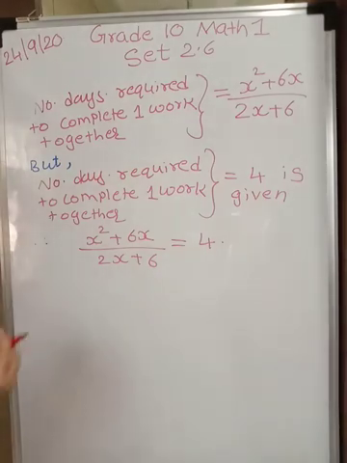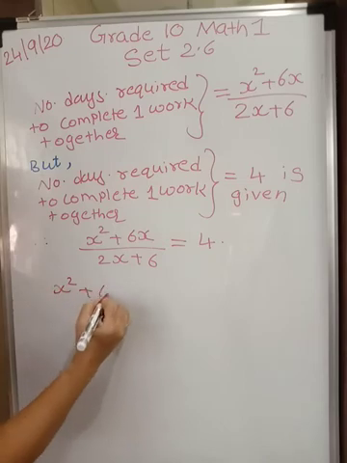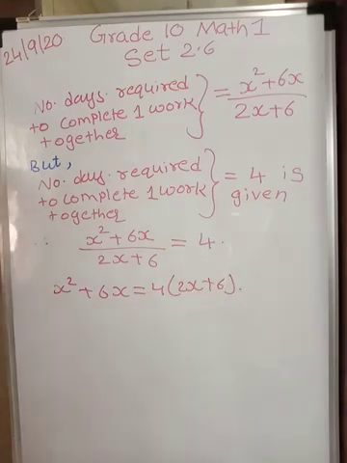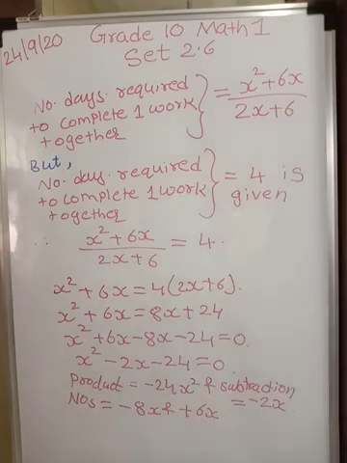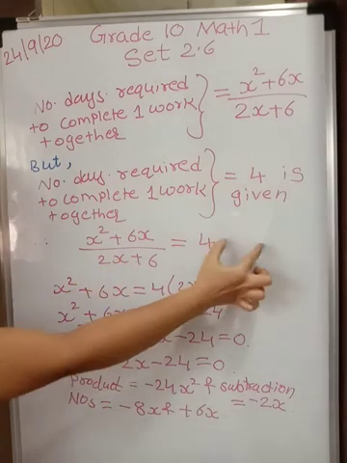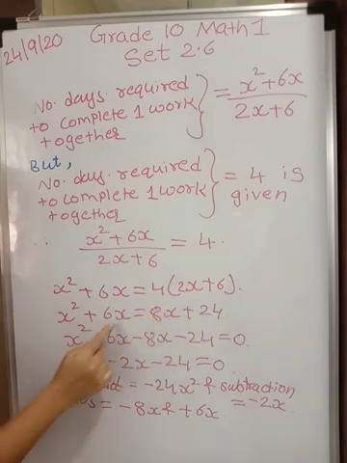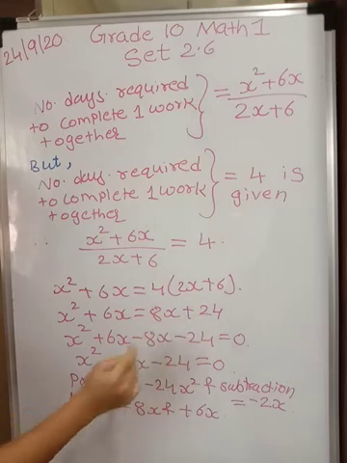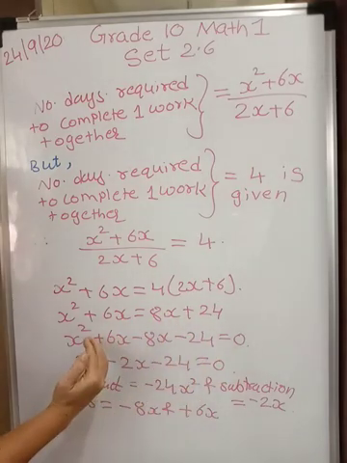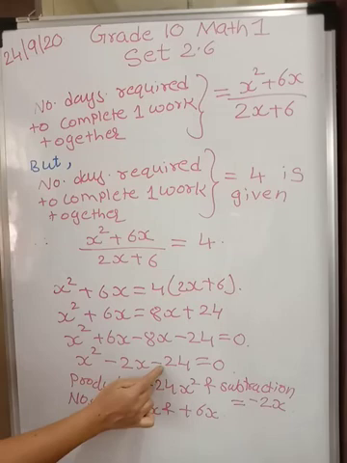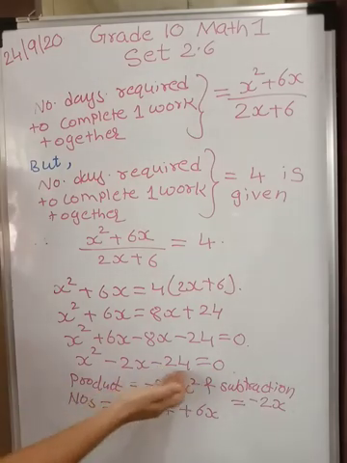So what we have now is x² + 6x is equal to 4 into (2x + 6). So x² + 6x is equal to 8x + 24. This shifted over here, that is the left hand side, both become minus. Solving this, x² + 6x − 8x, we get x² − 2x − 24 is equal to 0. Now here we get the quadratic equation.